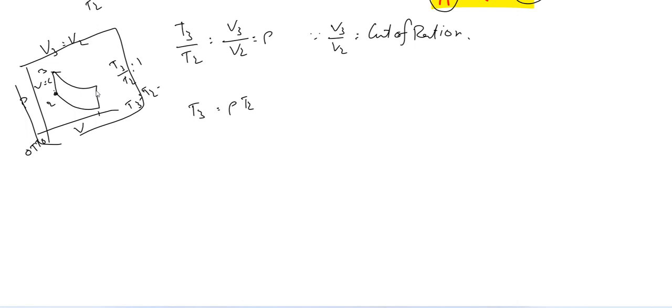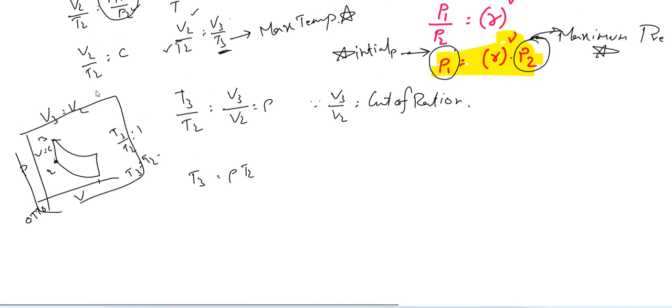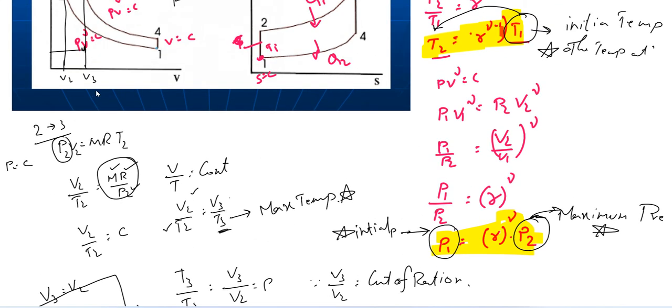From equation 1, what is here? T2 equals R power gamma minus 1 times T1, right? We will substitute here.